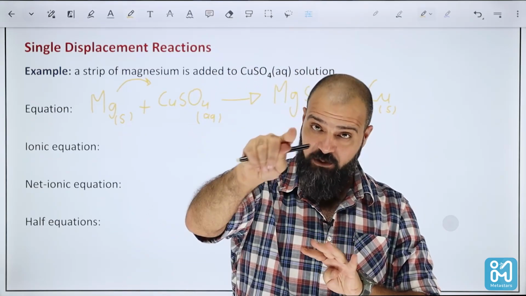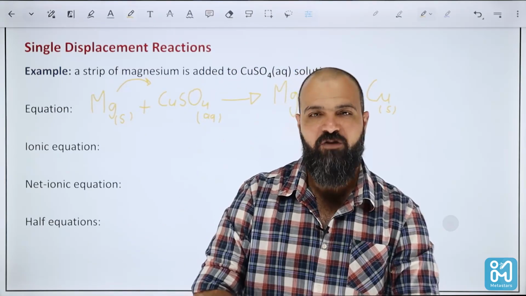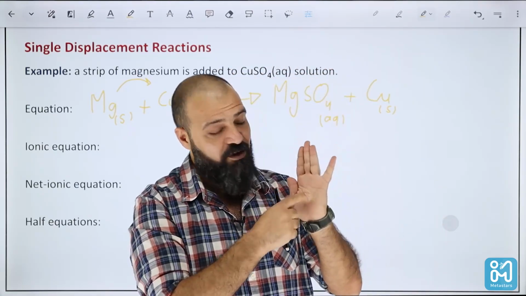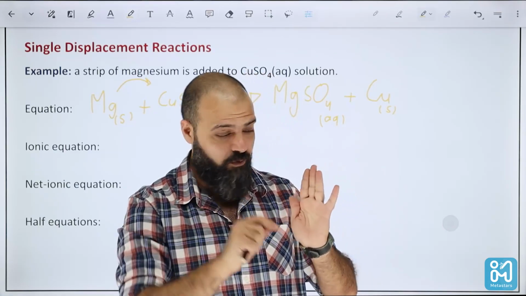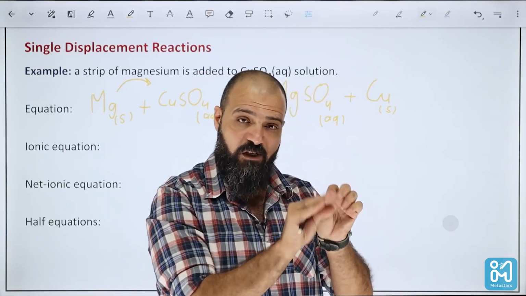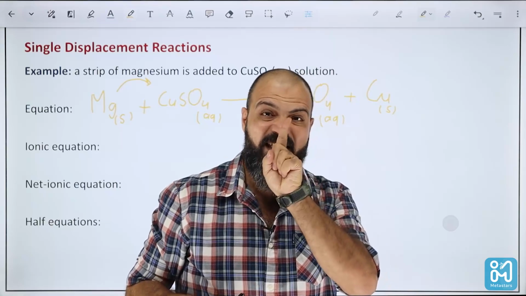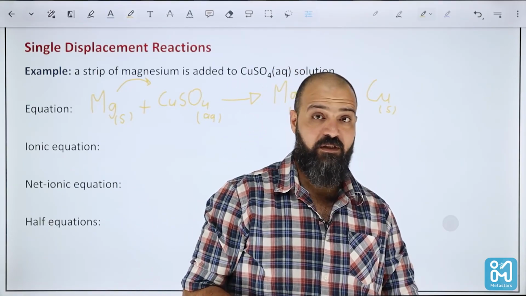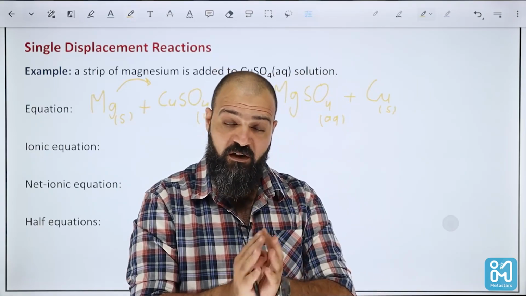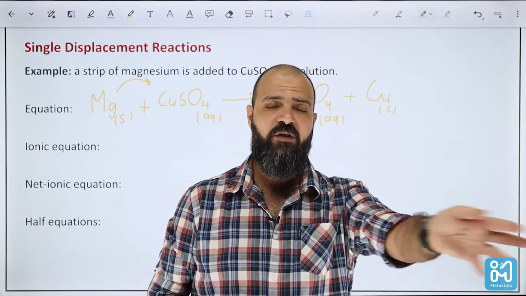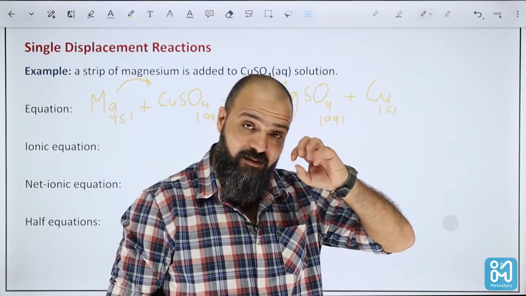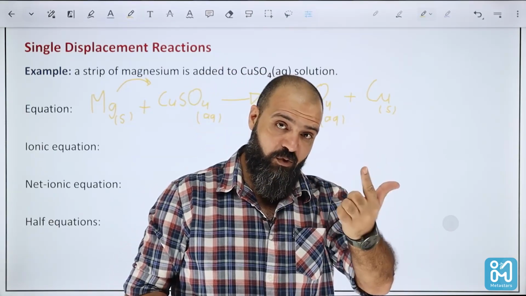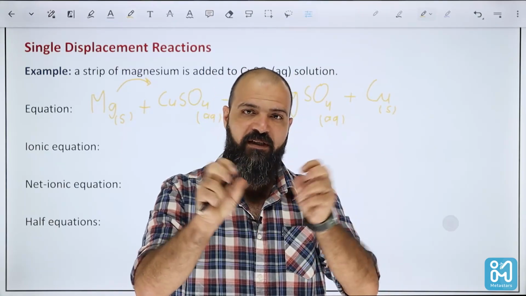Except, write this down, please. Write this down, my friend, in your notebook. Because they keep trying to trick us using this. This is a small note. Aqueous substances, you have to break them down into ions except weak acids and weak bases. What do you mean, Ustaz? It means if they ask you to write a net ionic equation or to find out which of the following is the correct net ionic equation, and this reaction includes a weak acid or a weak base, do not break it down into ions.